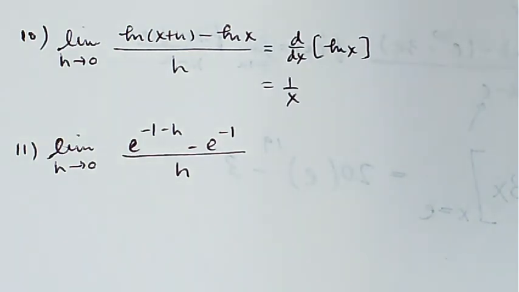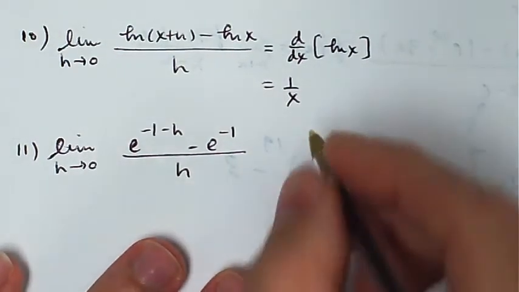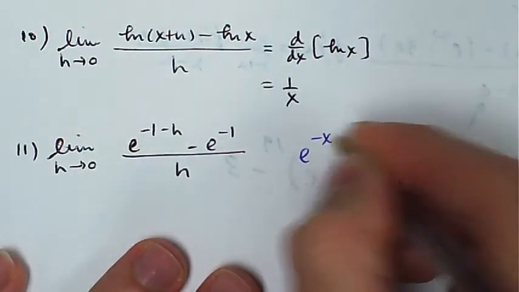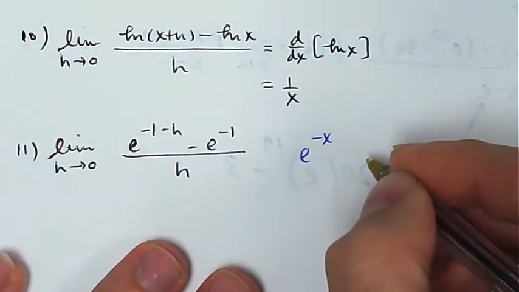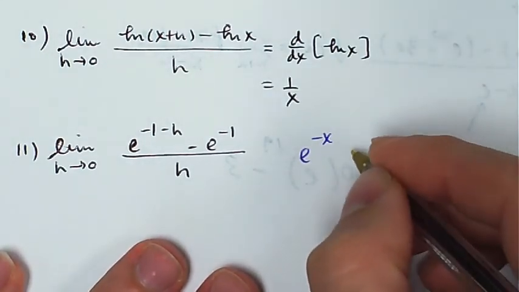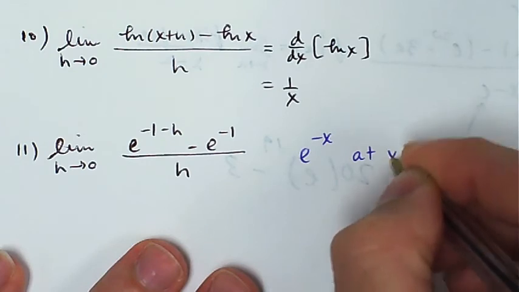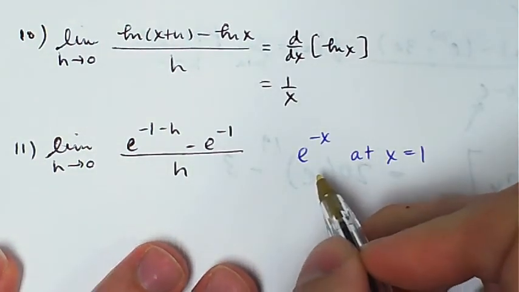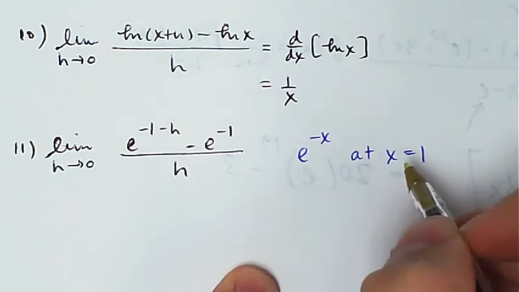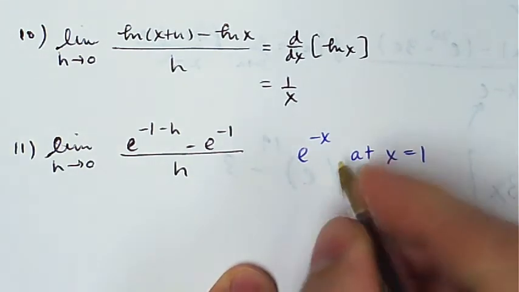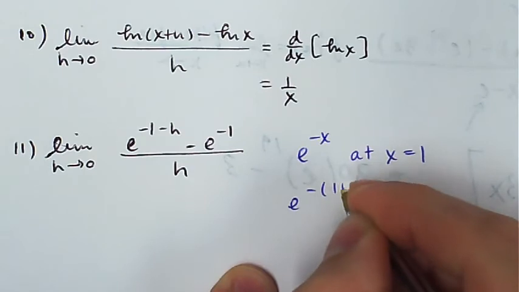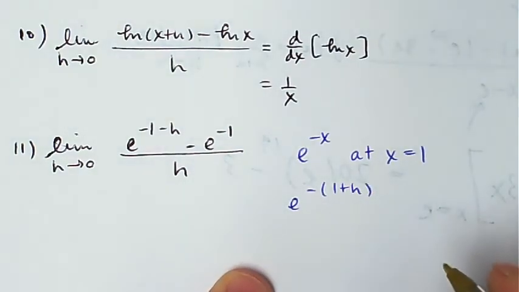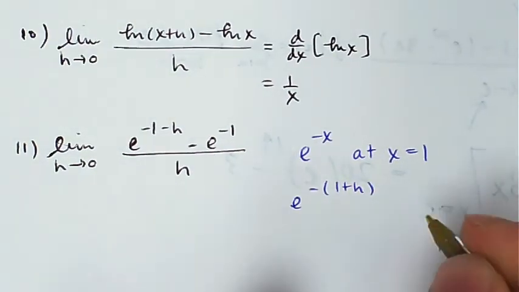So what I think is happening here, anybody that's in here feel free to chime in. I think I've got e to the negative x at x equals 1. Right? Because if I did the limit as h approaches 0 of e to the negative x plus h, that would be e to the negative 1 plus h. Yeah, that's pretty devious. That's all right.